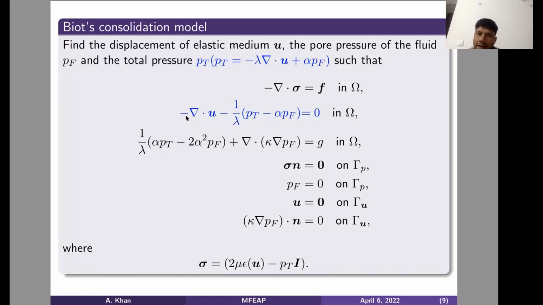They claim that to prove existence and uniqueness, you don't need to maintain the inf-sup condition with two pressures. You just need it with the displacement and the total pressure. So now we are free to choose the finite element for the fluid pressure.